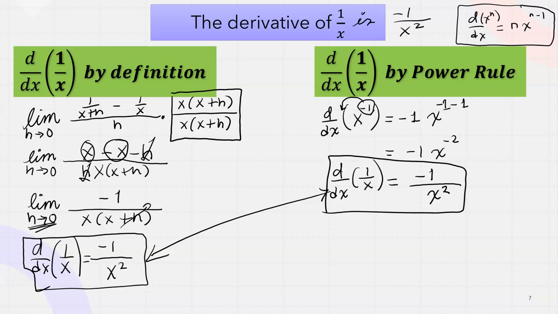So it's up to you if you want to use the definition or if you want to use the power rule. However, what you really need to know is the derivative of 1 over x is negative 1 over x squared, which is something you should have ingrained in your brain and be able to apply quickly.